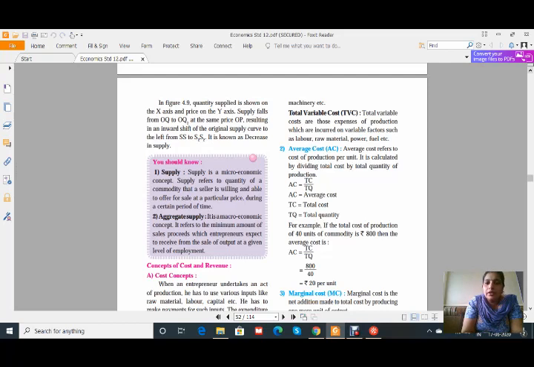Okay. Now the second one is average cost. It refers to the cost of production per unit. It is calculated by dividing total cost by the total quantity of production. That means how many goods are produced by spending that cost.